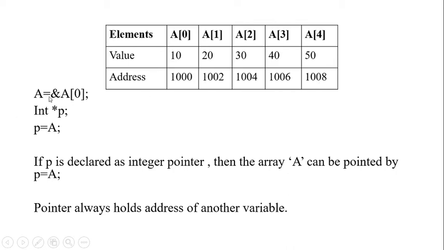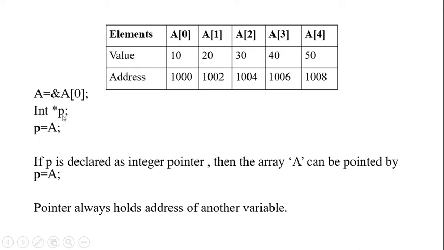Then here a is the same as ampersand a of 0. Then a of 0 is the first location. We know that the array index starts with 0. So a of 0 is the first element. So ampersand a of 0 is the address of the first element. And here a is same as ampersand a of 0.